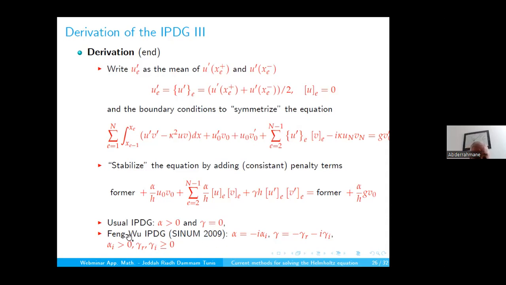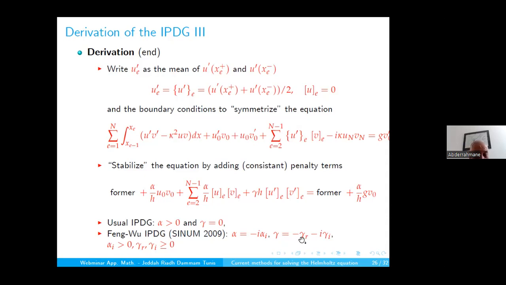But the progress here done by Feng and Wu is to take alpha in the form of an imaginary number, that is easy to understand here, to take the penalty term in the form of an energy absorbing term for alpha, but for gamma to consider also a real part.